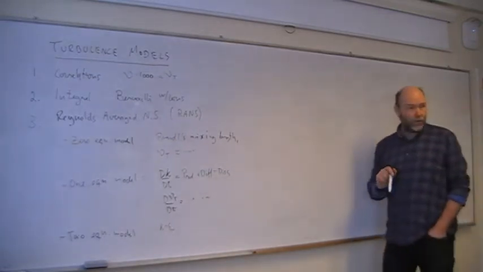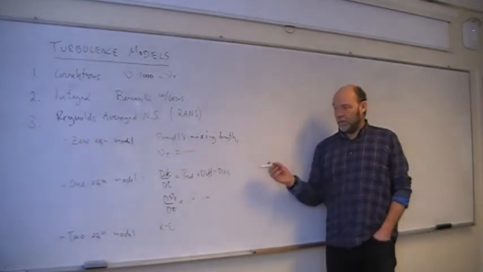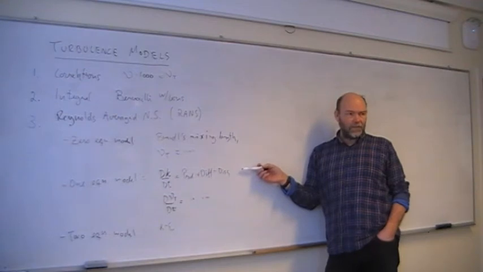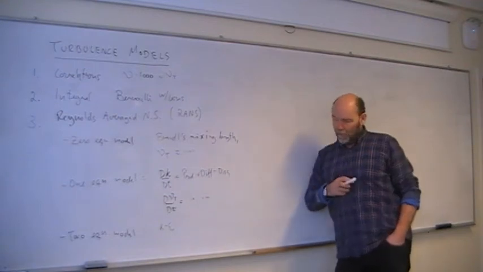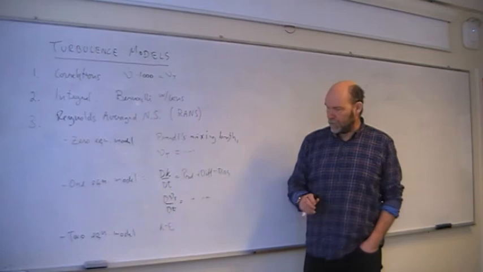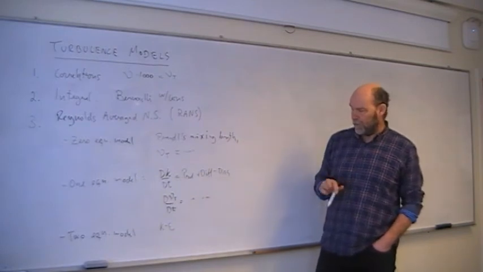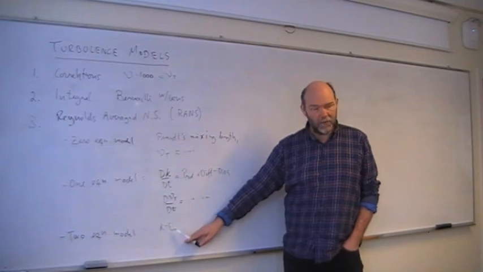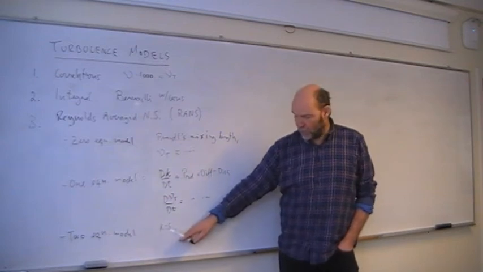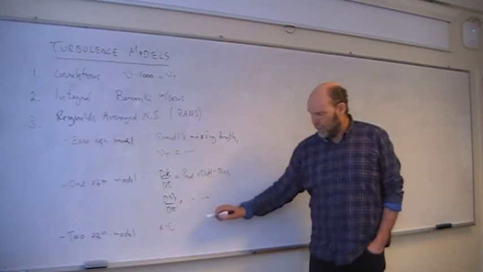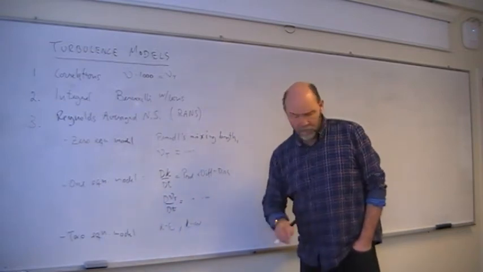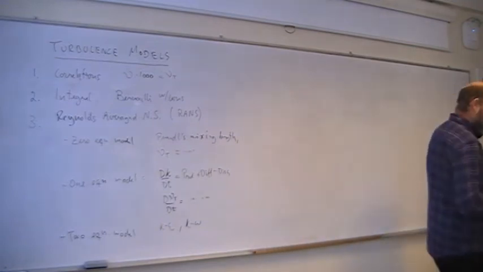Remember the Navier-Stokes, that will be three transport equations, one in each direction, plus the continuity. So here you have two additional equations, one for K, turbulent kinetic energy, and one for the turbulent dissipation, epsilon, that destroys the K. You have others here as well, K omega, omega being a turbulent frequency.